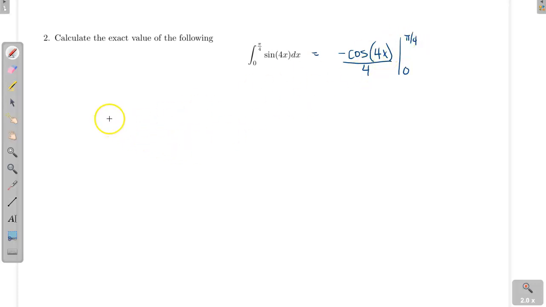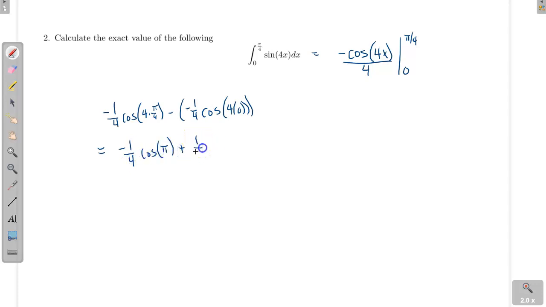So now the first thing we're going to do is plug in pi over 4, and plug in 0. Cosine. All right, so these two negatives here cancel to give me a positive. The inside of this one's 0, the inside of this one's pi.